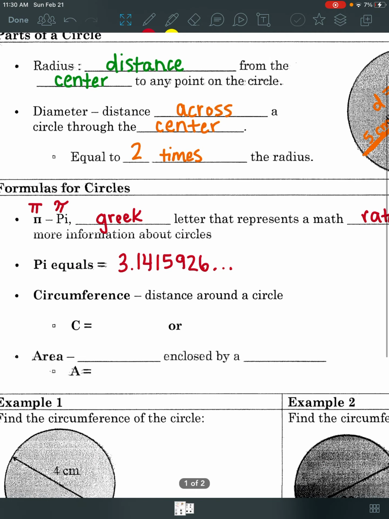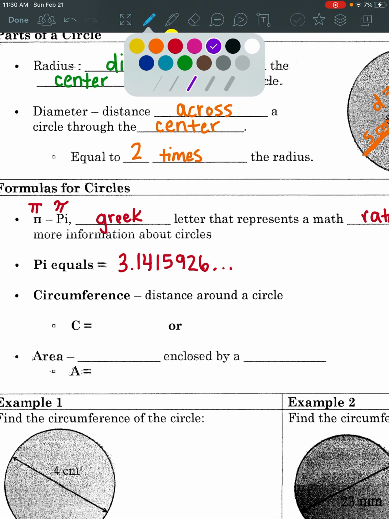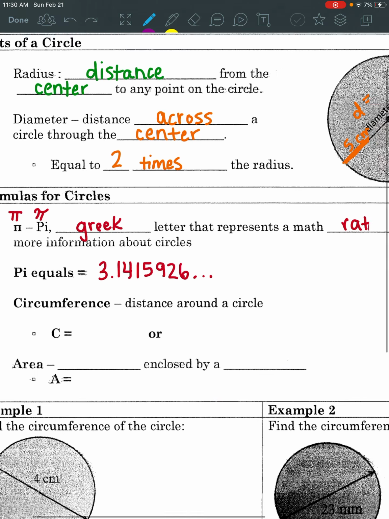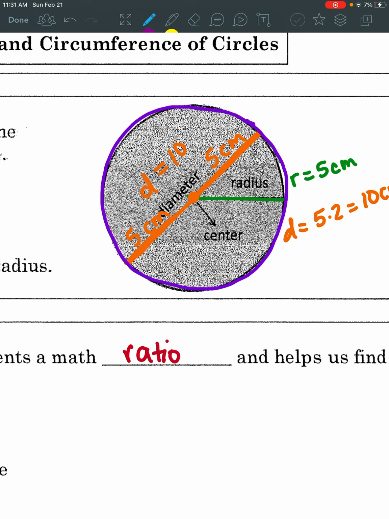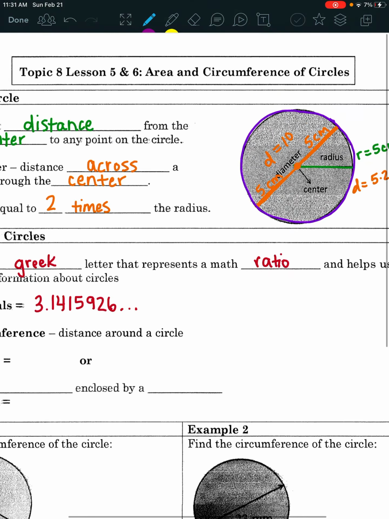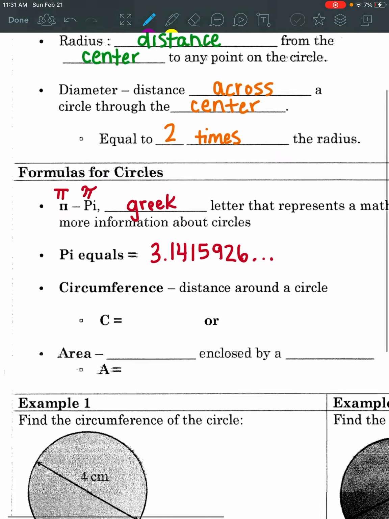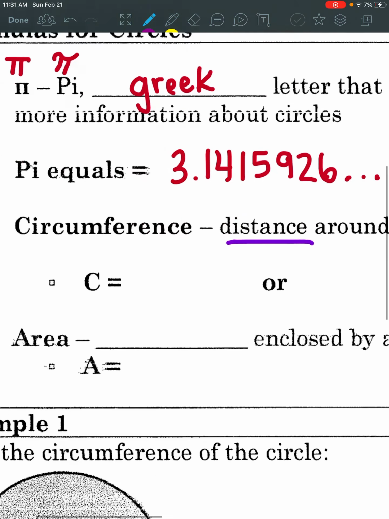So the circumference, and again I'm going to change colors to show you on our picture up here, the circumference is all the way around a circle. So if we were to take a piece of string and lay it around this circle, and then pick up that piece of string and measure it, that is what circumference is. So circumference is basically the perimeter of a circle, so the distance around a circle.